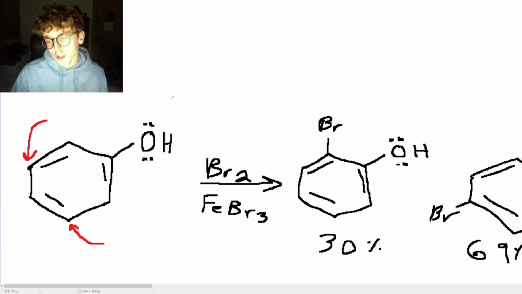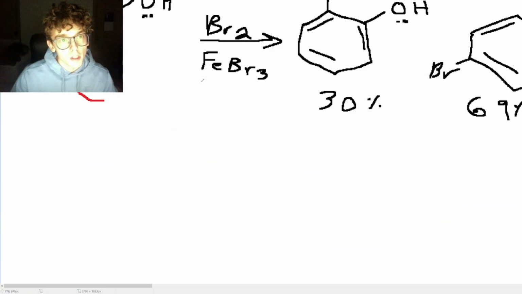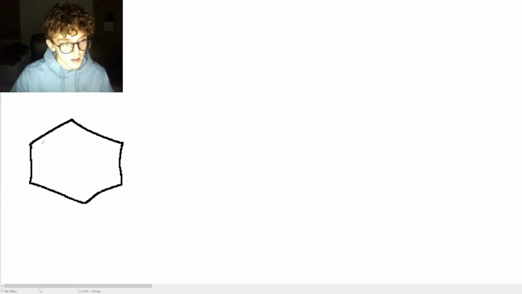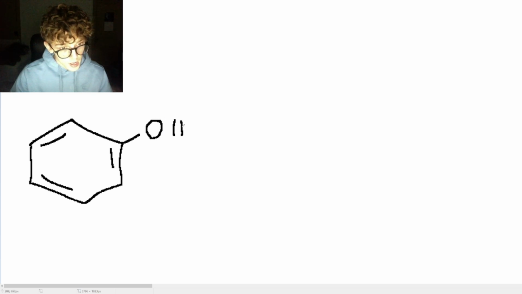So how can we explain this? I want to just draw a resonance structure of phenol for you. I think that will help quite a bit in understanding why we get directionality. If I have this phenol group here and I asked you to draw all the resonance structures, here's what you'd probably do.